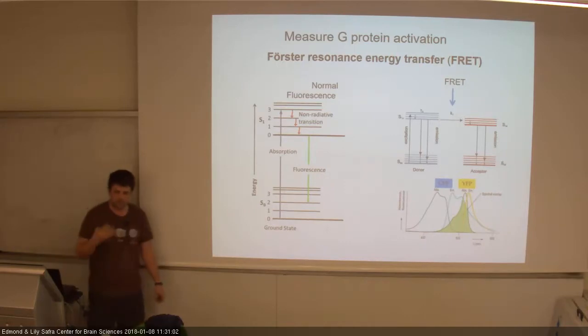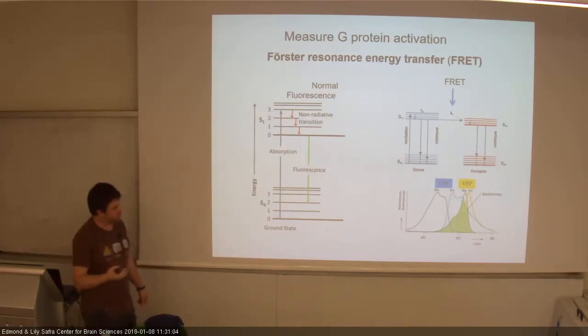For example, X-ray, which is a very, very short wavelength, is a very high energy radiation relative to, let's say, infrared, which is a lower level of energy. So in this example, we have a special protein which we call a cyan fluorescent protein.